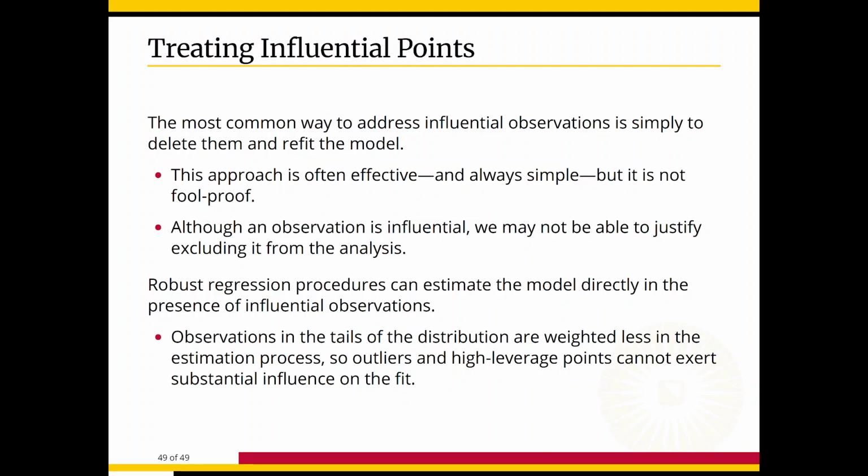Like quantile regression models the median of the distribution, which is not susceptible to influence by outliers. So there's lots of different flavors of robust regression that you can use if you really want to keep all your data. You don't want to throw anybody out, but you have cases that are really messing up your results. Perhaps you can look into trying some robust regression procedures to deal with that.